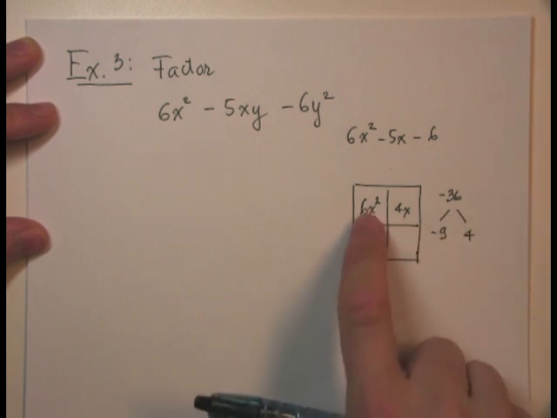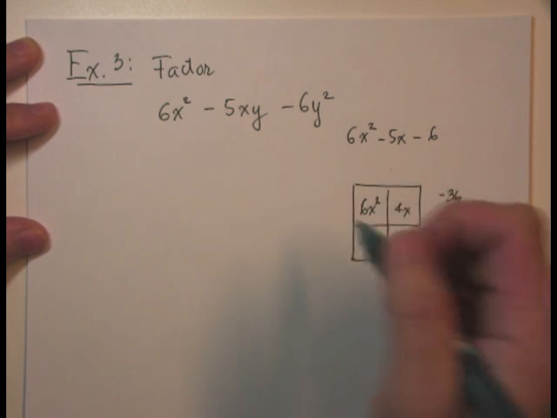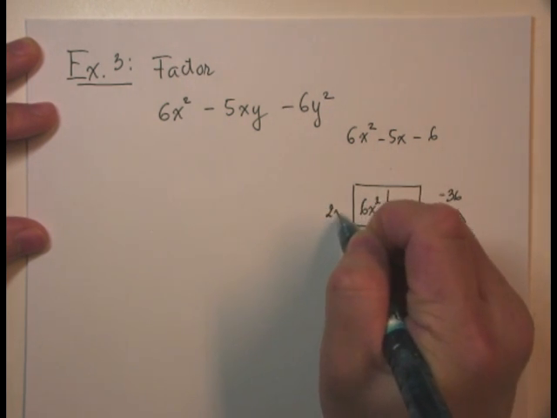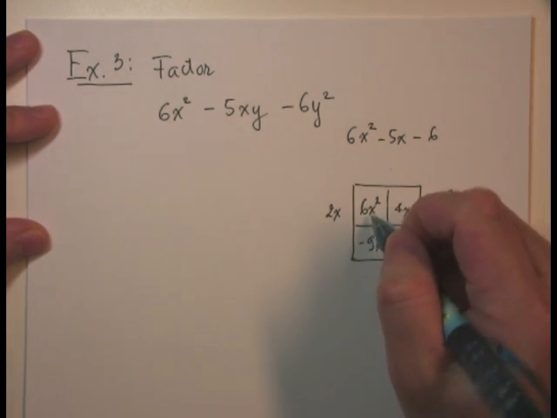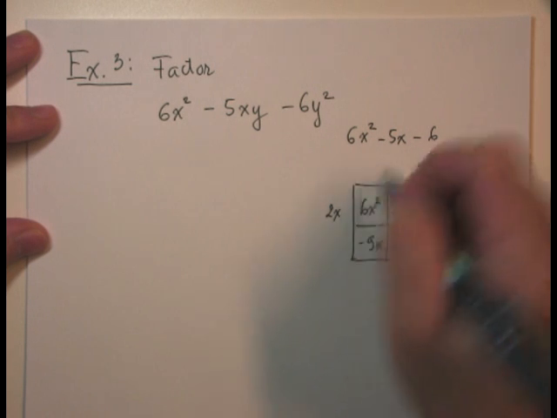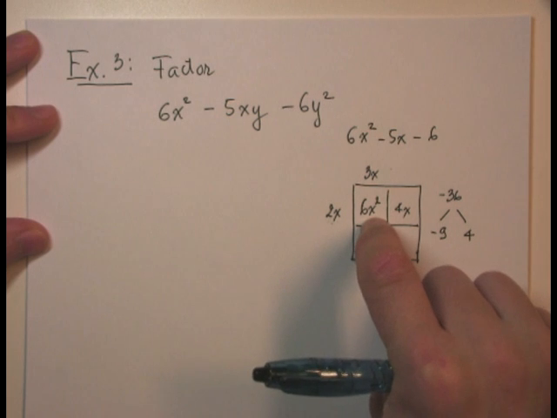And now for the two entries on the upper row, I'm going to look for the GCF, and that's going to be 2x. And then once I found 2x, in 6x squared right here, the other factor I can find is going to be 3x, because 3x times 2x is 6x squared.